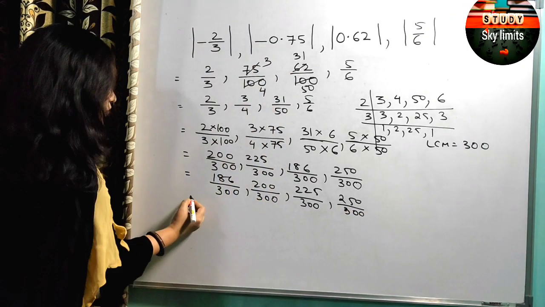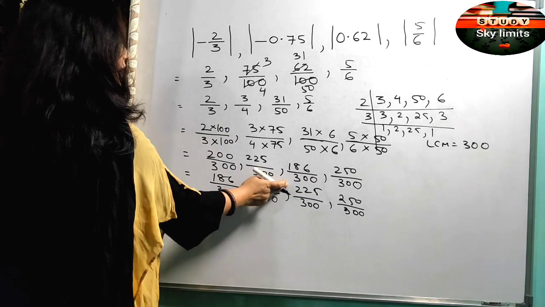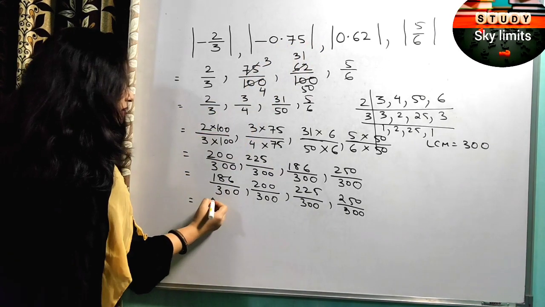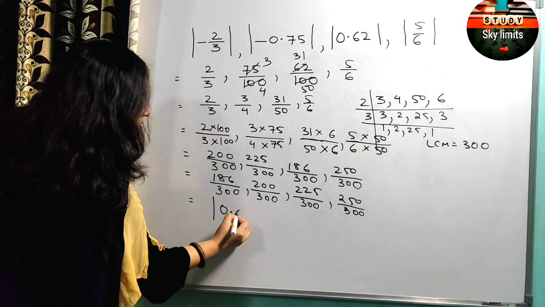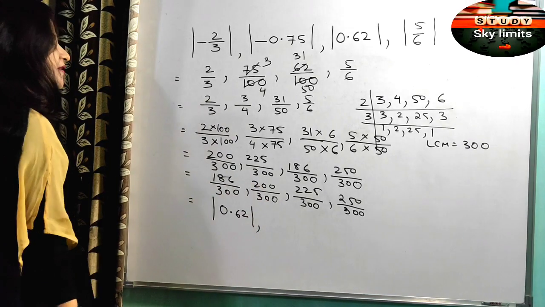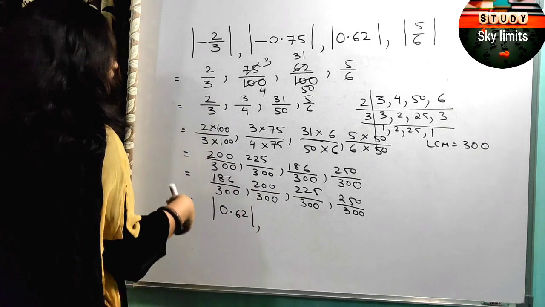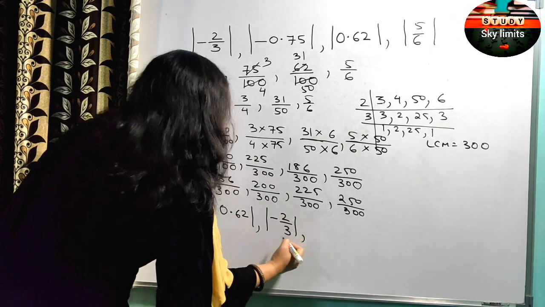Now, what are the actual rational numbers? So 186 by 300 is the third one. The third one is represented by the absolute value of 0.62. Yes. 200 by 300, the actual value is minus 2 by 3. With the first one, minus 2 by 3.